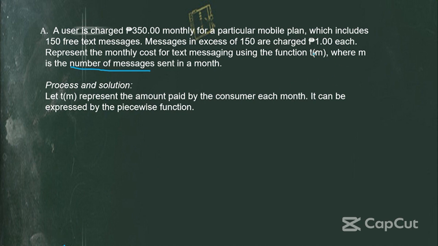So your solution here is: let T of M be the amount paid by the consumer per month. That is your function. Here we have two possible payments.